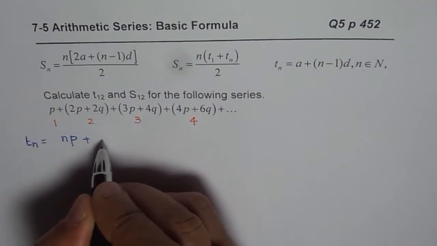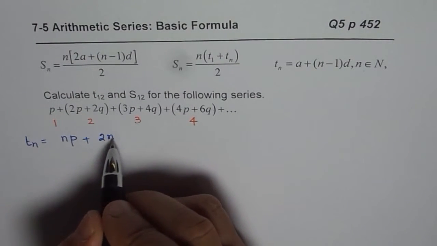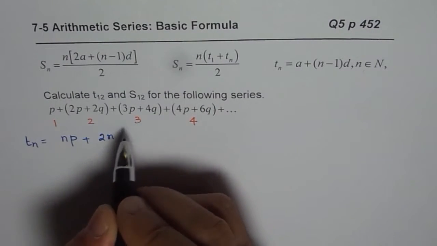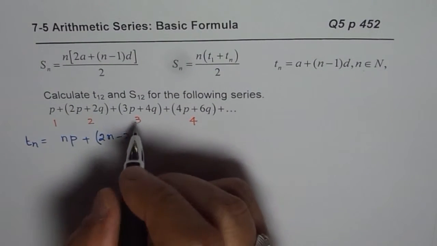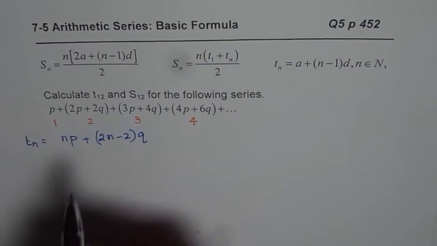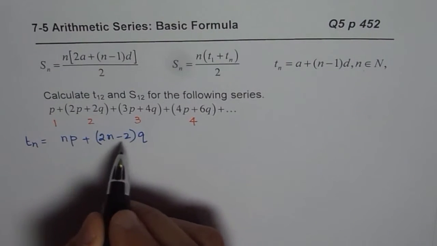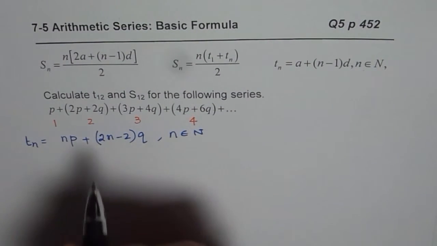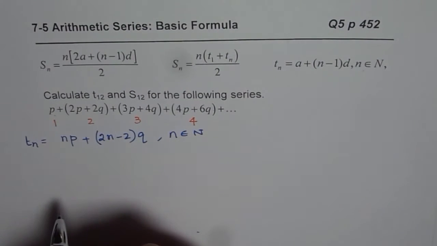So as far as the q's are concerned, it is twice the number, which will give you, for example, for the third term, 2 times n is 6, right? But it is minus 2. You have to take away 2, and then that is the coefficient of q, correct? So that is how you get the general term for q. So that becomes your general term where n belongs to the set of natural numbers, right? Now if I write n as 1, then 2 minus 2 is 0, so it works perfectly fine.